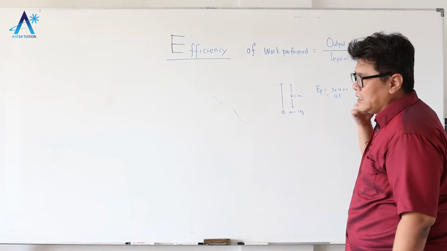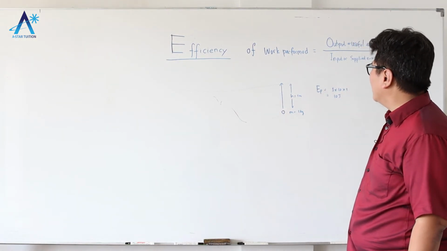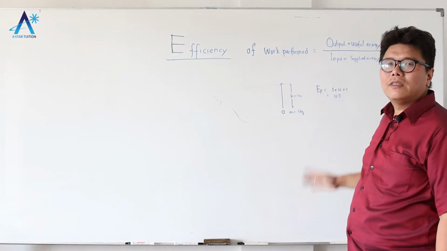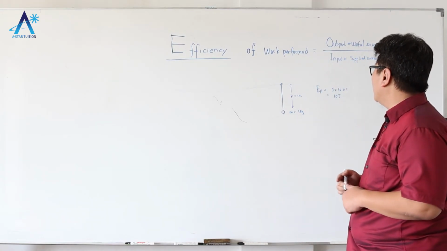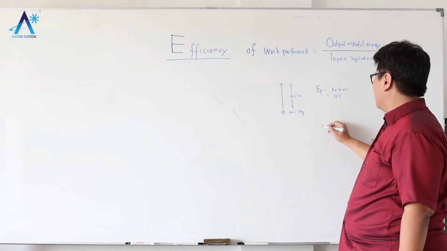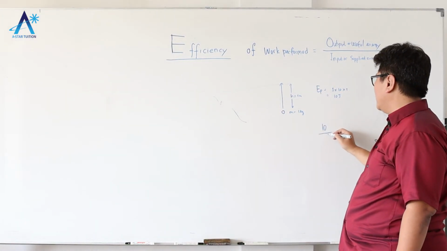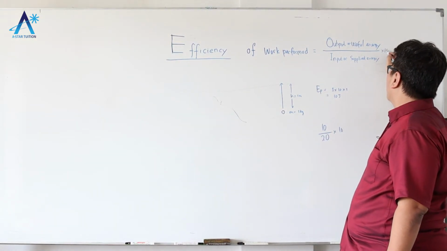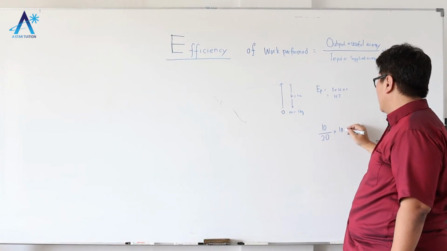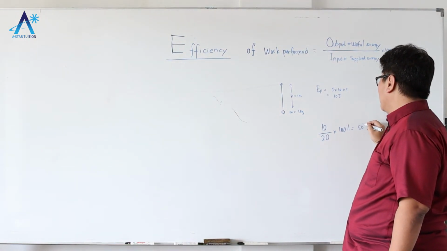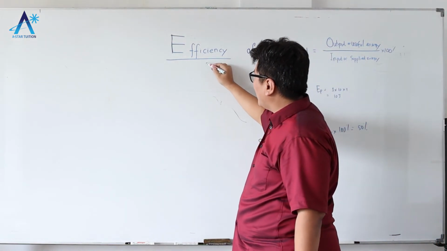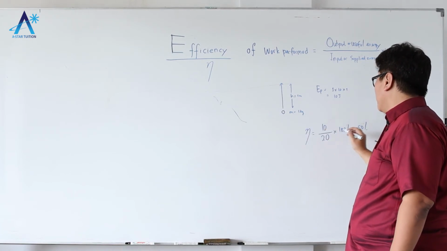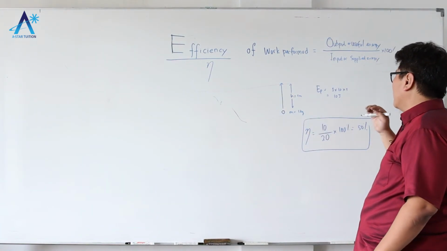However, the energy that you supply to increase the potential energy by 10 joule is probably greater than 10, maybe 15 or 20. In the case of 20, then 10 is the useful output energy over the supplied energy, and then you multiply by 100%. So this is going to give you 50%. The efficiency actually has this Greek symbol. So the efficiency of the work performed is 50%.